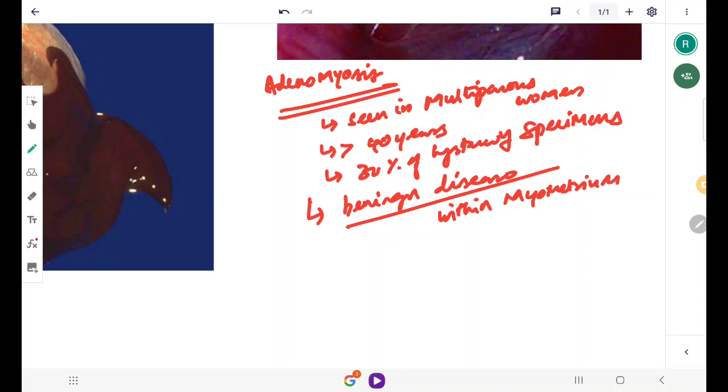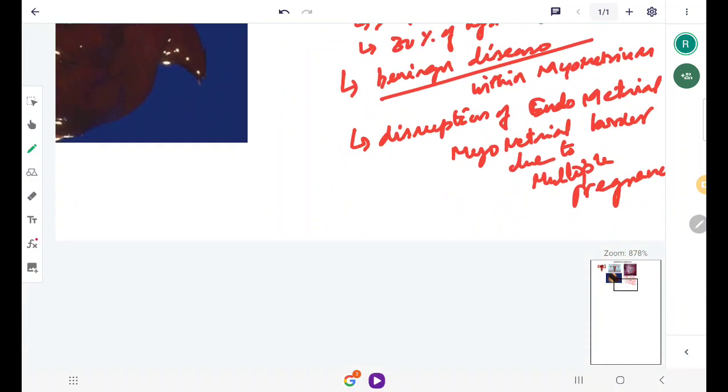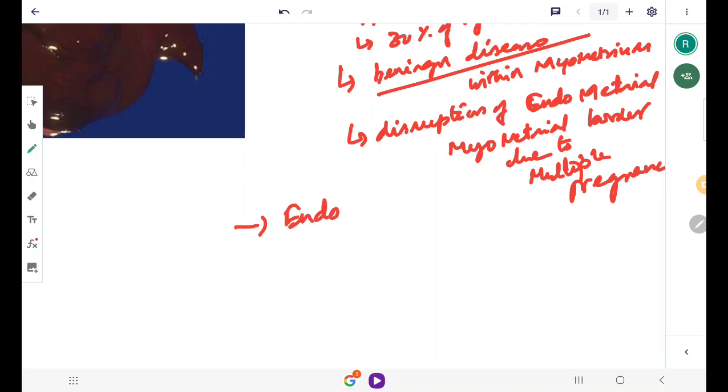So this is due to the hyperplasia of endometrial basal layer, and also due to disruption of the endometrial myometrial border due to multiple pregnancies. So this adenomyosis is also called as endometriosis interna, because endometriosis occurring inside or within the myometrium.